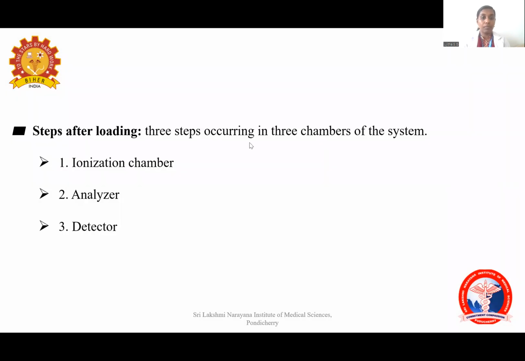After loading, the machine consists of three chambers. One is the ionization chamber, the second one is the analyzer chamber, and the third one is the detector chamber. In the ionization chamber, ionization will happen, and based on the mass of the substance, it will move on to an analyzer tube, where it will be analyzed and detected by a detector.